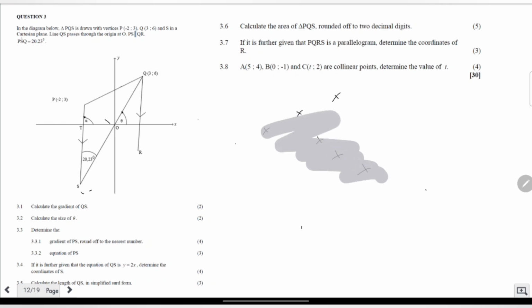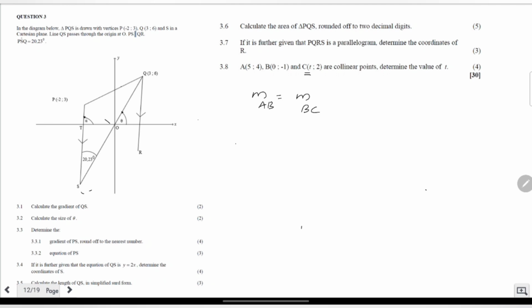Is it clear? And we are using the idea of gradient. If you take any combination AB or BC or AC and find the gradient, they are the same because they are on the straight line, isn't it? So you have to find the value of t. I'm using the idea of gradient. Let me use the gradient of AB is the same as the gradient of BC.